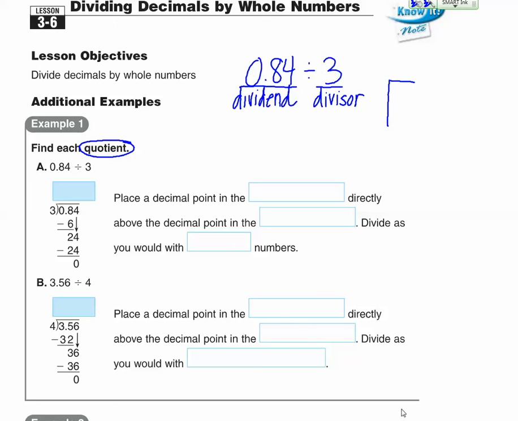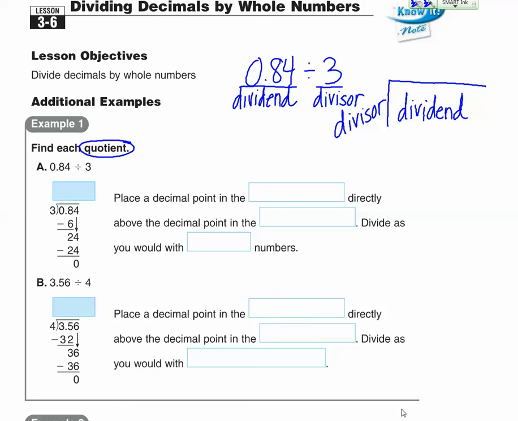Please remember and write this down: when you have your long division bar, the dividend, or the first number, not the biggest number, the first number is written underneath your division bar, and the divisor is always written on the outside. So please include that in your notes, because if we don't set these problems up correctly, then obviously we'll get the wrong answers. So here we have 84 hundredths divided by 3.